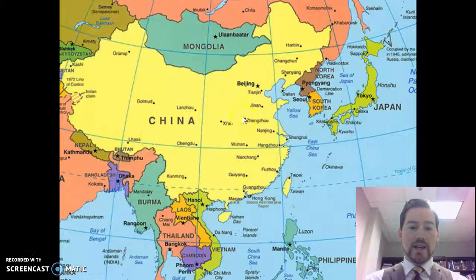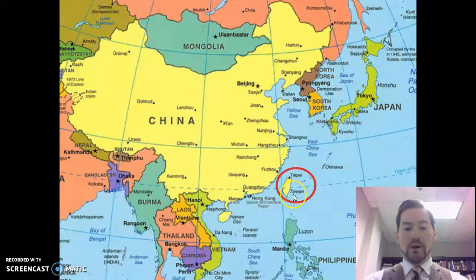This is mainland China. Nanjing is where their base of operations was located. The nationalists have to run, and they run to Taiwan. Taiwan's official name, to this day, is Republic of China.